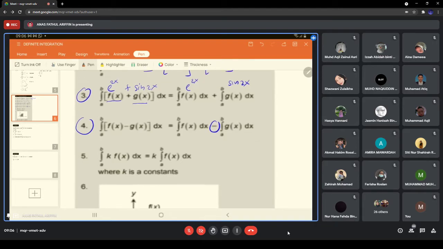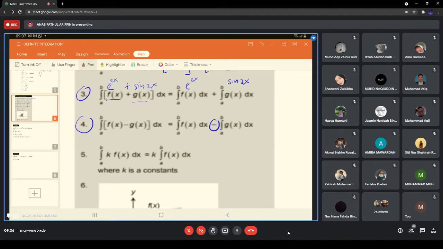Okay. And then number 5, we want to integrate from a to b for function k times fx. Okay, let's say k is the constant. So we can rewrite as k multiply integration from a to b for function fx.